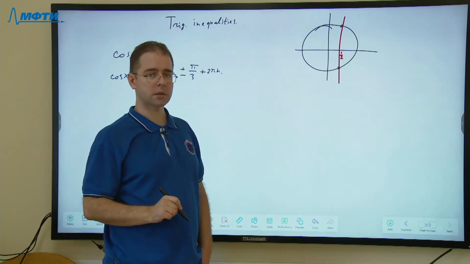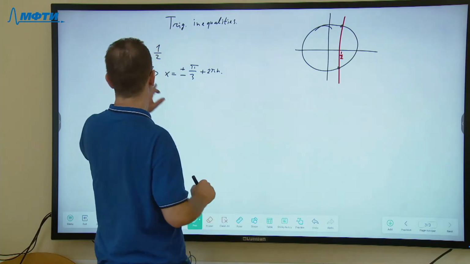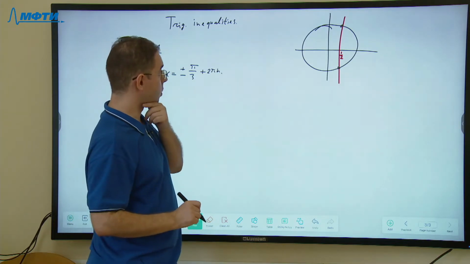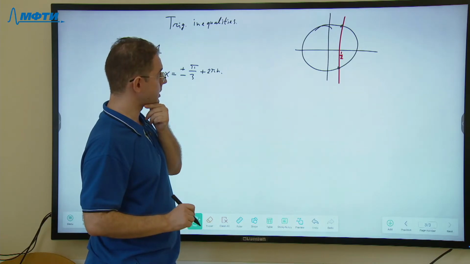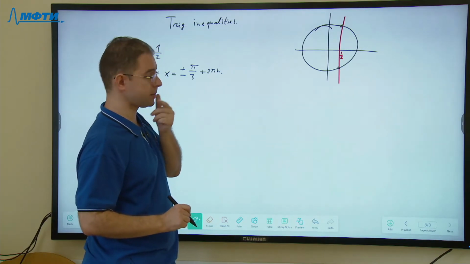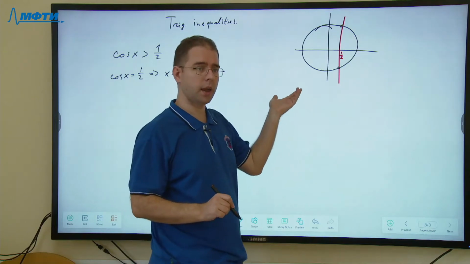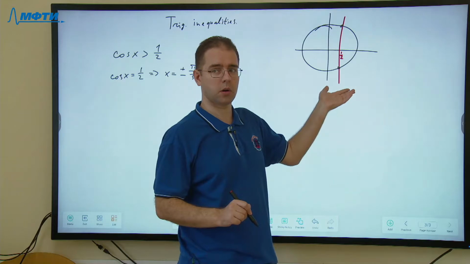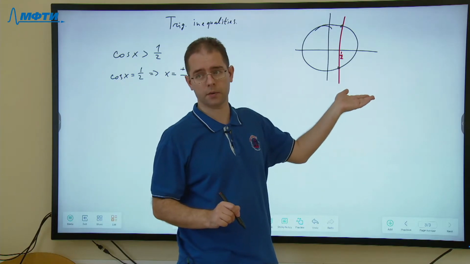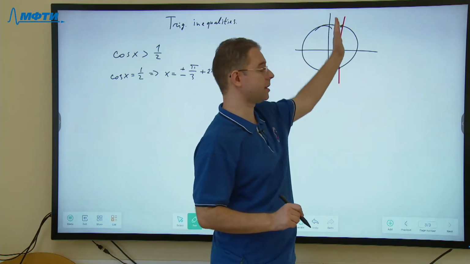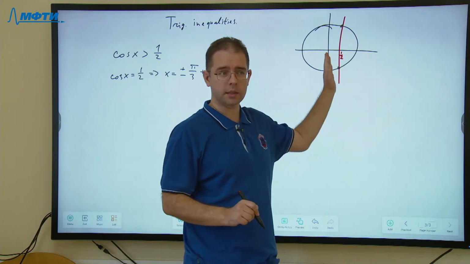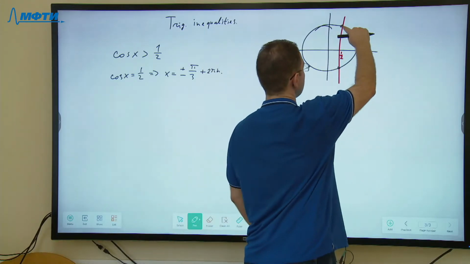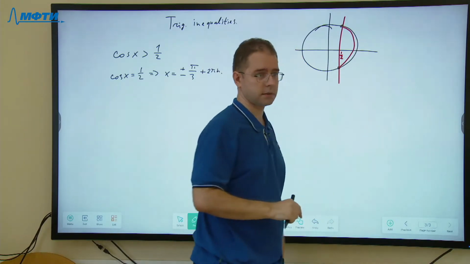Now, I want to solve an inequality: cosine is greater than 1/2. We can look at it just by definition. Where are the points where the x coordinate is greater than 1/2? This is where the x coordinate is exactly 1/2, and it is greater than 1/2 to the right side of this line. So basically those angles.